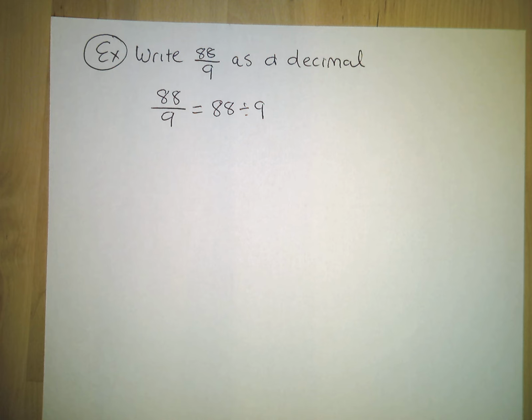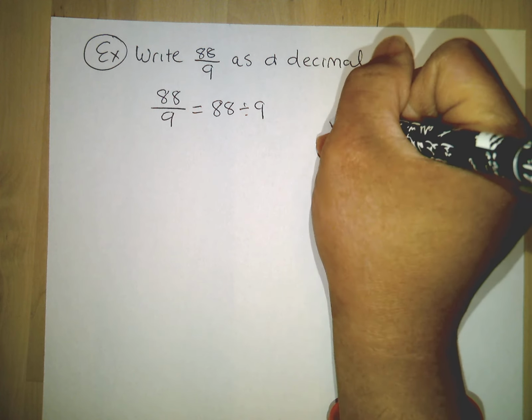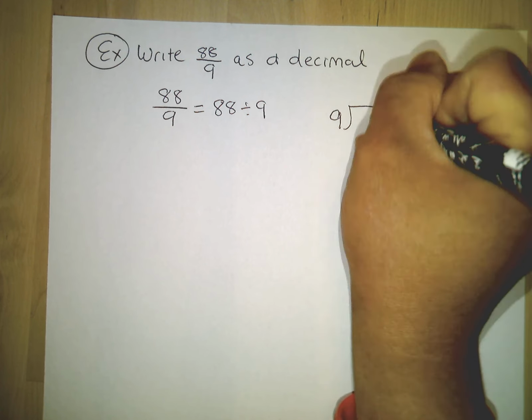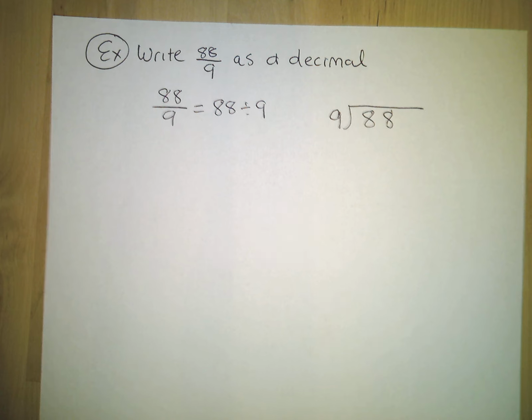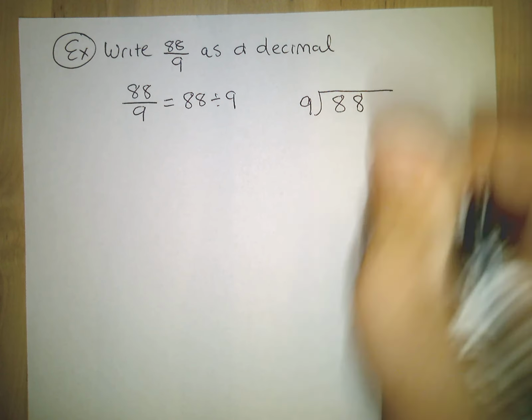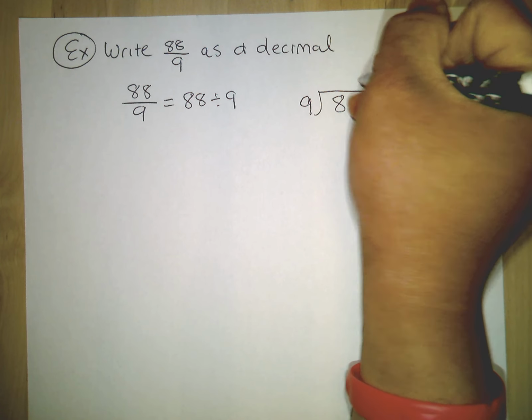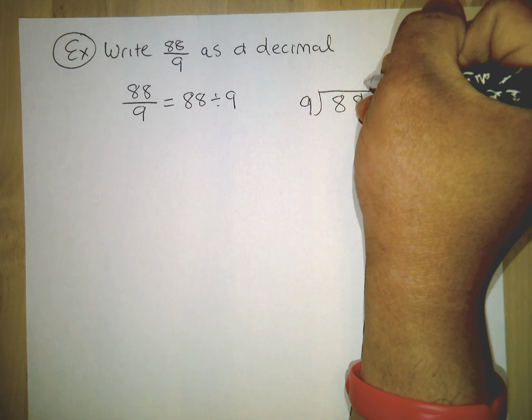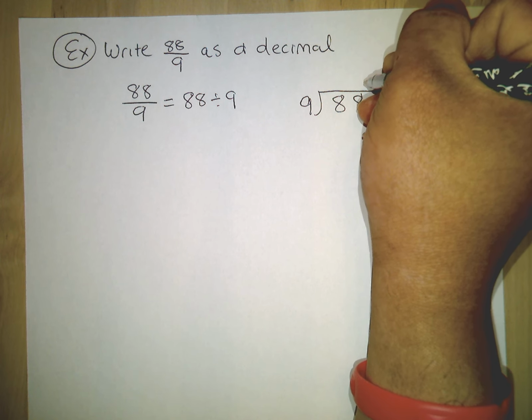Then 9 goes into 88 how many times? Let's see, how many times would that be?